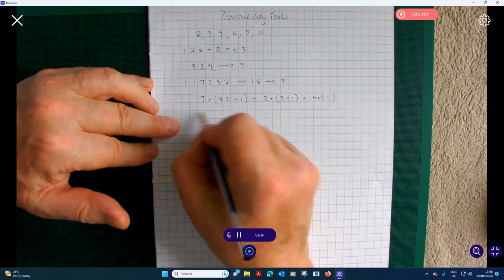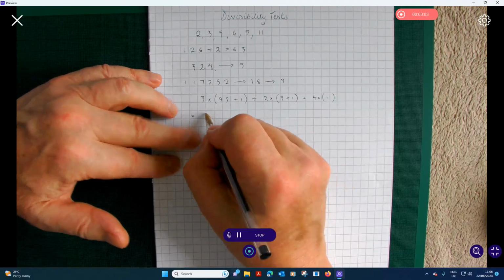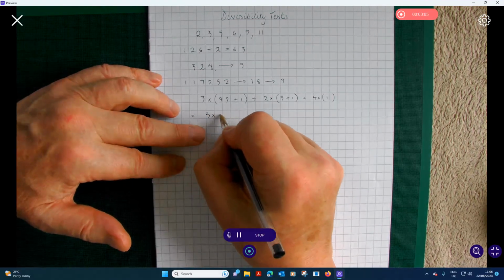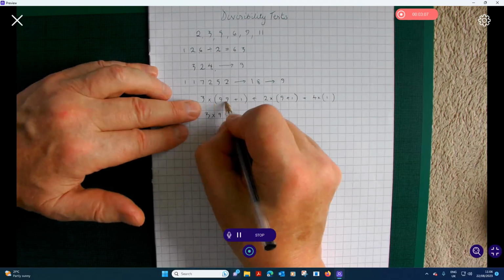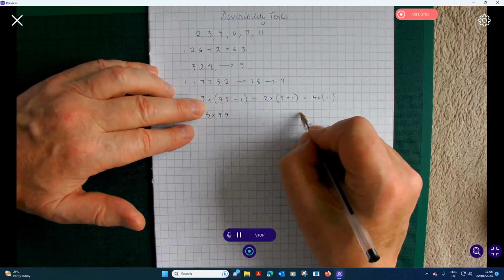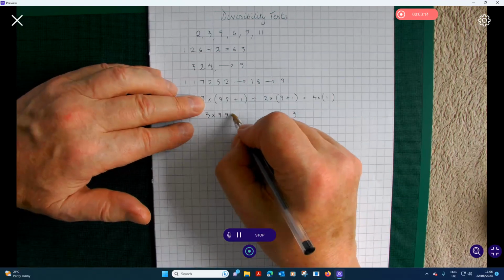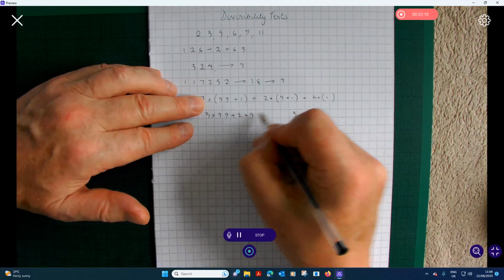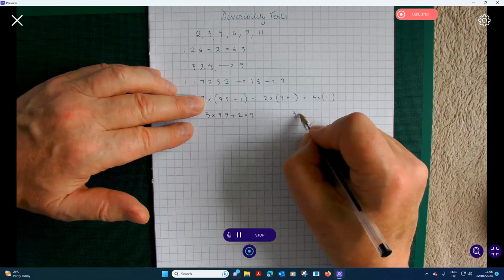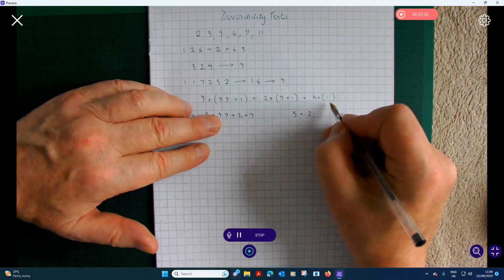And when we multiply out these brackets, we're going to get 3 times 99 there, and 3 times 1, which I'm going to write here. Then we're going to get 2 times 9, and 2 times 1, which I'm going to write here, and then I've got my 4.